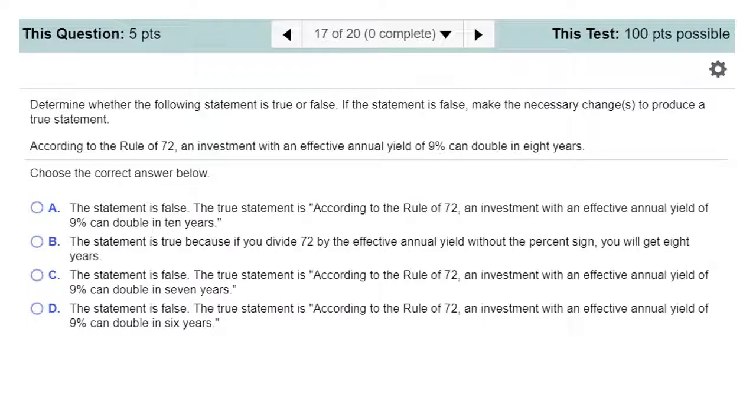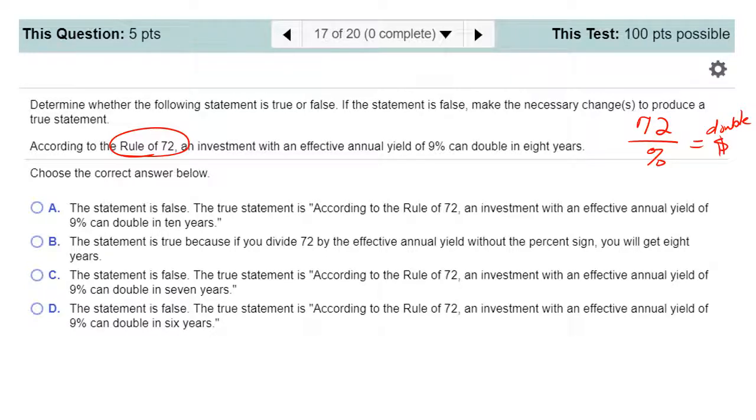In this question, you're asked about the rule of 72. If you recall from our studies, the rule of 72 says if you take 72 divided by the percentage rate that you're paid, then that will tell you the amount of time that it takes to double your money.